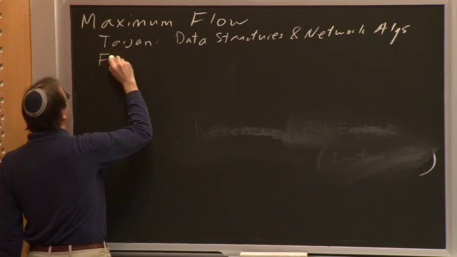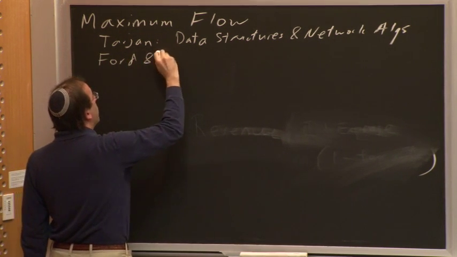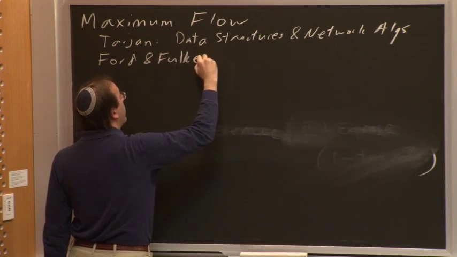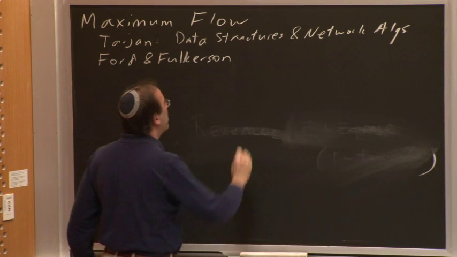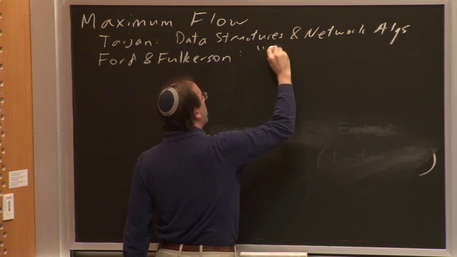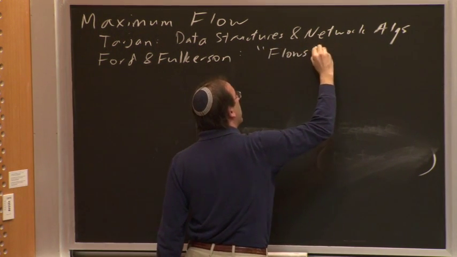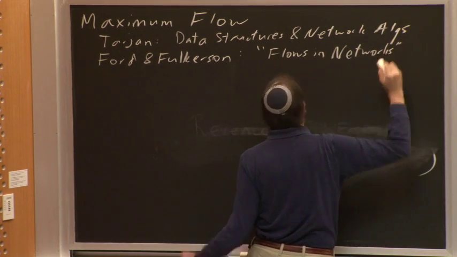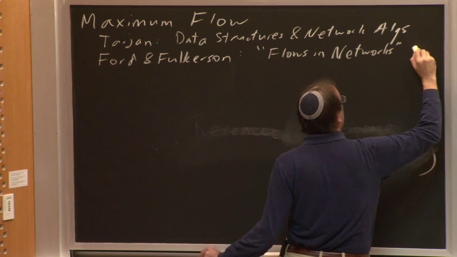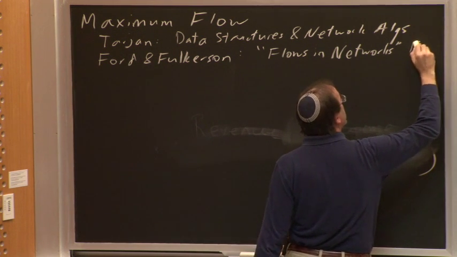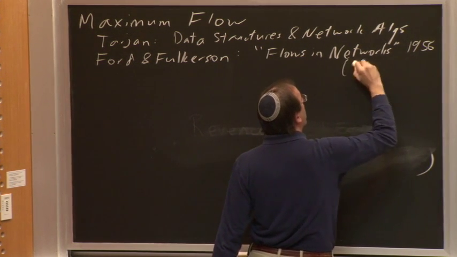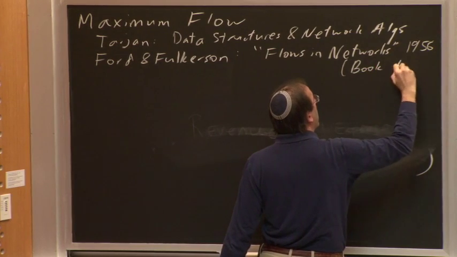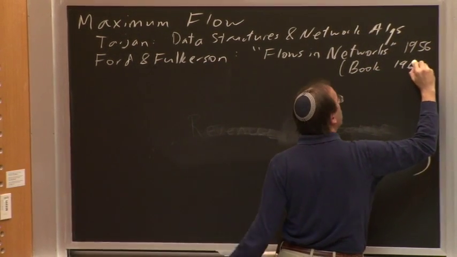The foundational paper is due to Ford and Fulkerson. They sort of invented combinatorial optimization in this paper, which is called Flows in Networks, which was published in 1956. And then there was a book in 1962.